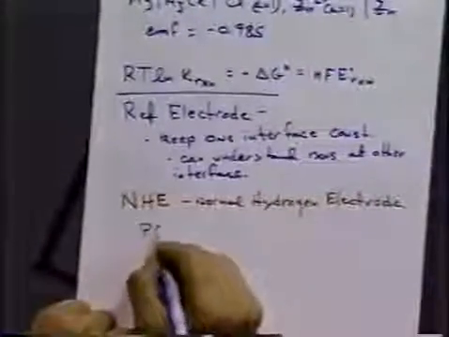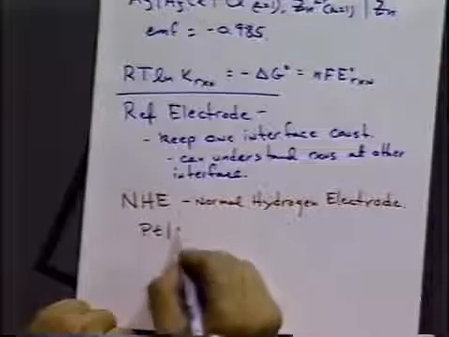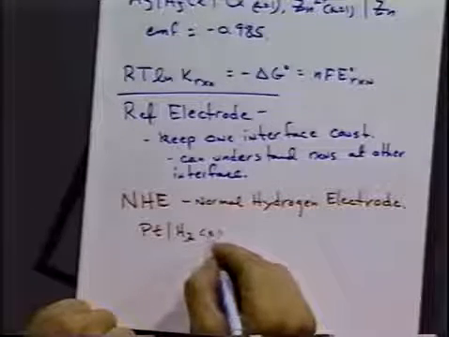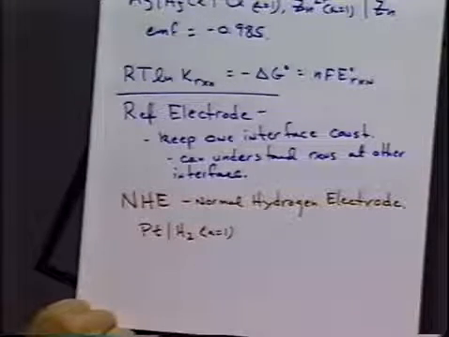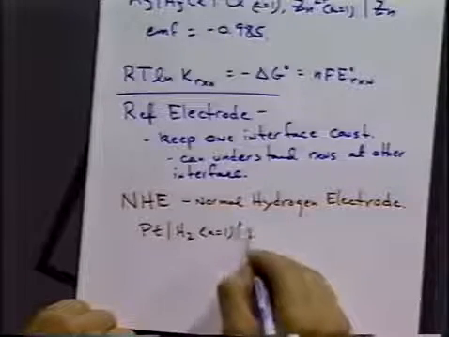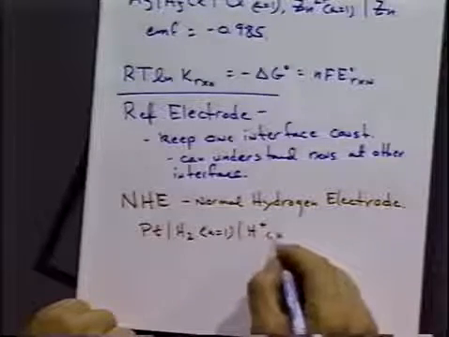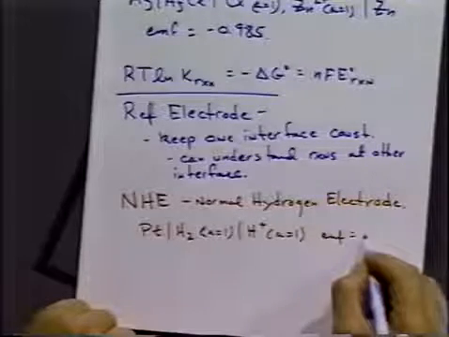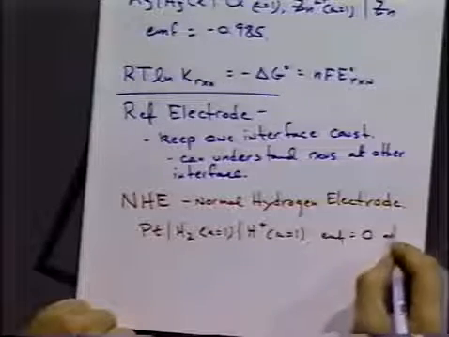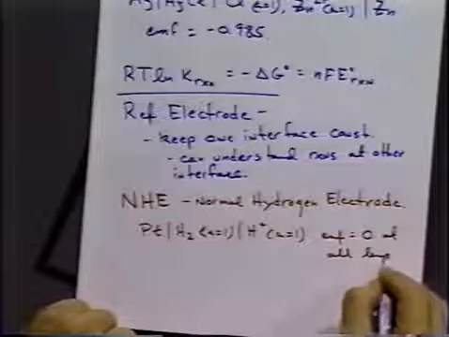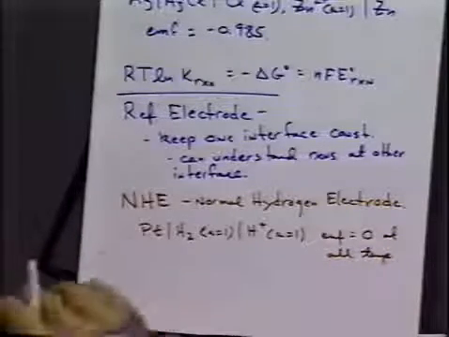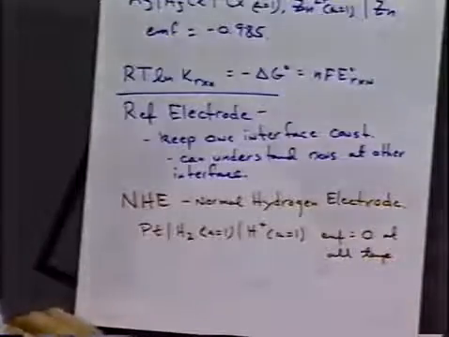The normal hydrogen electrode is physically constructed by a platinum electrode in contact with a solution phase that has unit activity of hydrogen gas and unit activity of hydrogen ions. And the EMF of this cell is always considered to be 0 at all temps. So measuring the half reaction of any cell with the NHE, we can always just make that 0 and consider that to be 0.